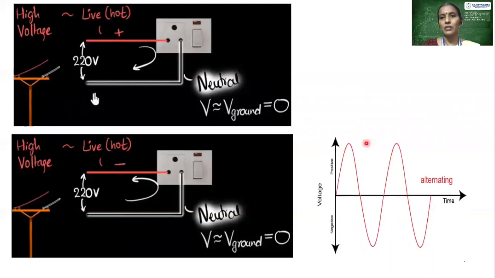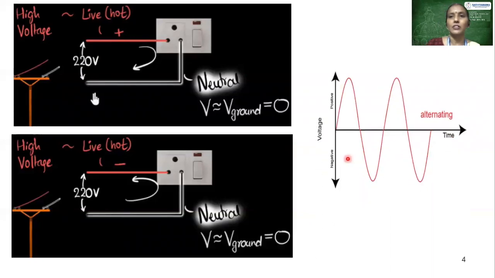We all know that for our domestic purpose, we get an AC supply, alternating current, which means the voltage will be high at one point, maximum positive value, and maximum negative value at the other side. It keeps on going positive and negative maximum. In the same way, when the voltage is at positive maximum, the current will flow from phase to neutral.